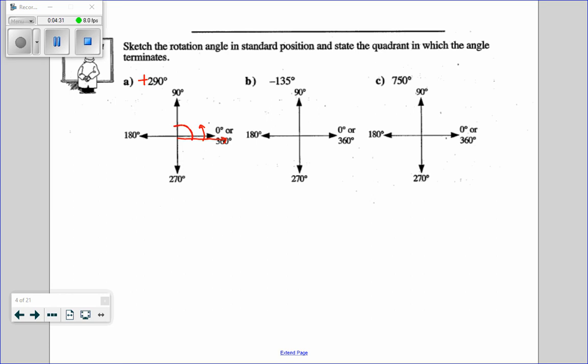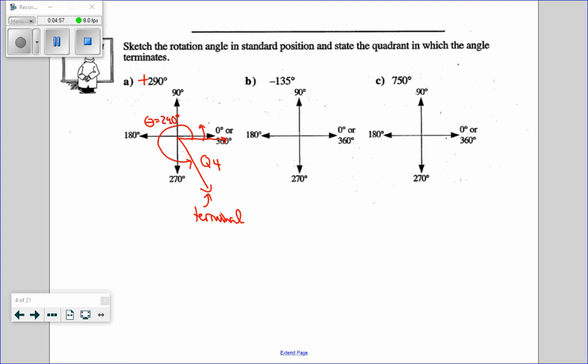So 290, so we would go all the way here to 270 and then a little bit more. So that is 290 degrees. So this thing right here is what we refer to as the terminal arm. And it says, what quadrant did you land in? Well, we landed in quadrant 4.